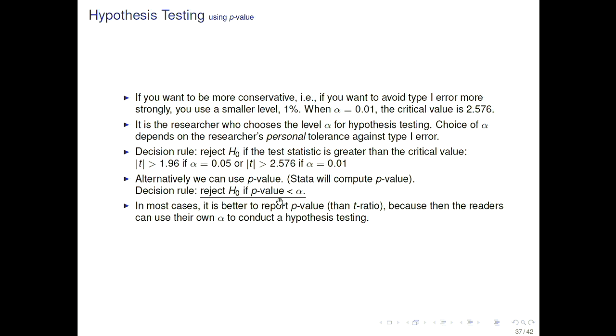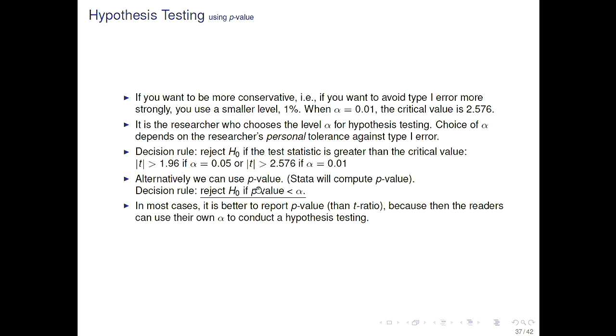So this is another decision rule, and it is much more convenient, especially when you don't know what is the right level for your audience, for your readers. Instead of reporting that you're going to reject the null hypothesis because of such and such, you can just give this one number, the p-value.